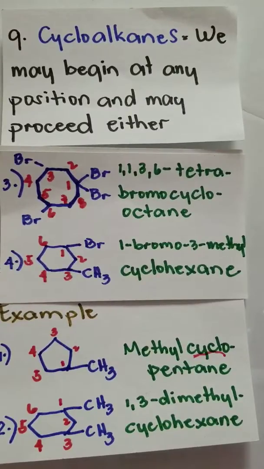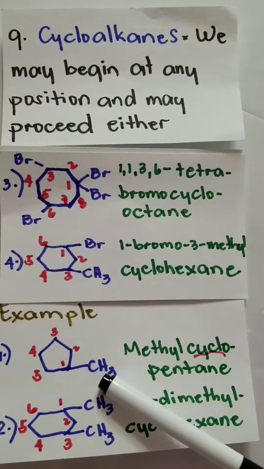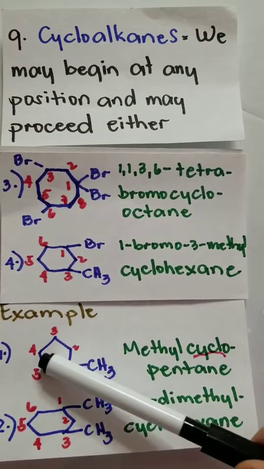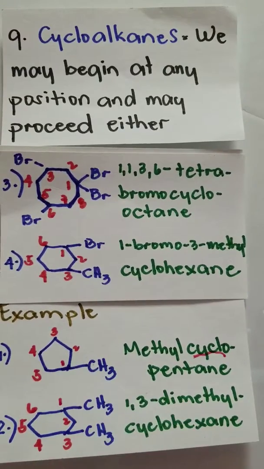Okay, let me refresh. Now make sure if you have only one group or branch attached to your closed ring structure, it's okay. It's very simple, easy. That corner that represents a carbon atom is automatically your first carbon atom. And then you go on counterclockwise or clockwise.